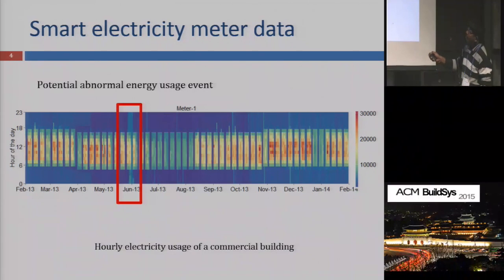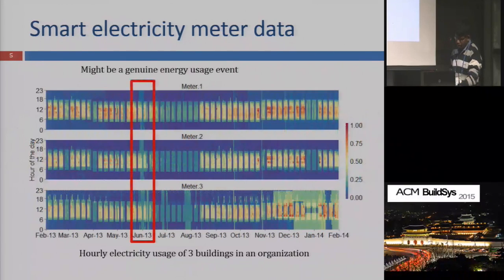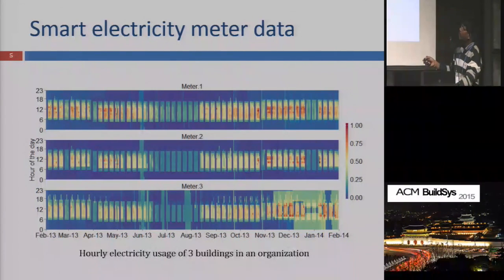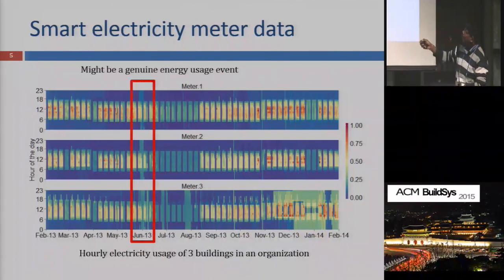So this could be a potential anomalous energy usage event. If you look at only this building's energy meter data, or if you apply any standard anomaly detection method proposed in the literature, that algorithm will probably tag this day as a possible anomalous usage. But if you look at other meters or neighboring buildings within the campus, this may not look like an anomaly, because there is some common function or festival going on during this time.